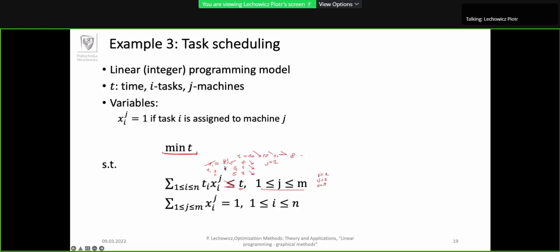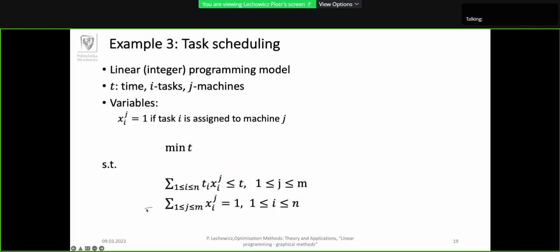Depending on what is the highest value of each of these constraints for a machine, it drags this variable towards this value. So in such a case, it will be equal to 10, because we want to minimize this variable, so it will be as low as possible. However, it has to satisfy these constraints.